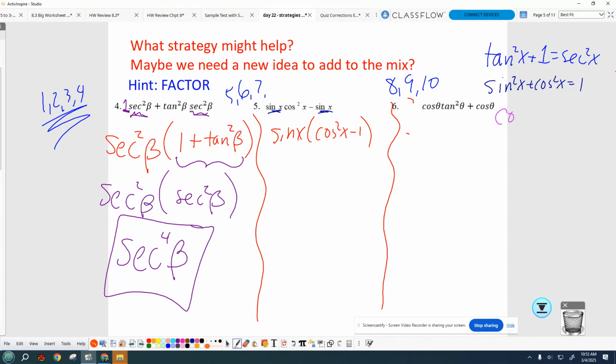He wants cosine squared as positive, so he subtracted 1 from both sides, and he subtracted the sine squared. That's the hard thing to see, because it's backwards. It's not 1 minus cosine squared, but cosine squared minus 1. So this got replaced with negative sine squared x.